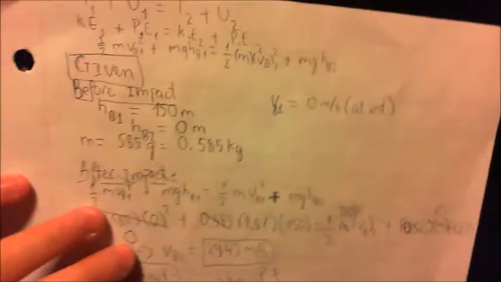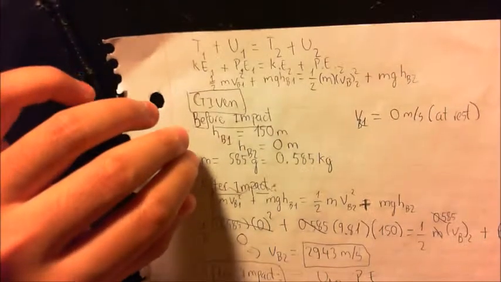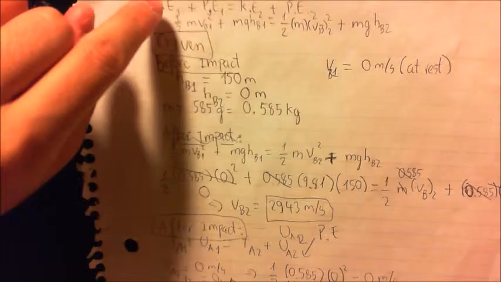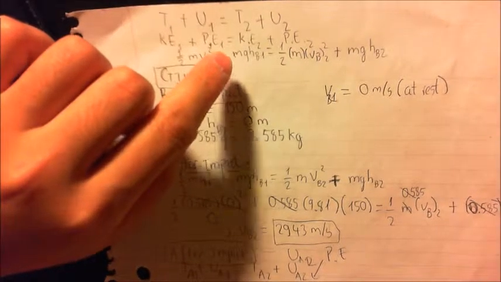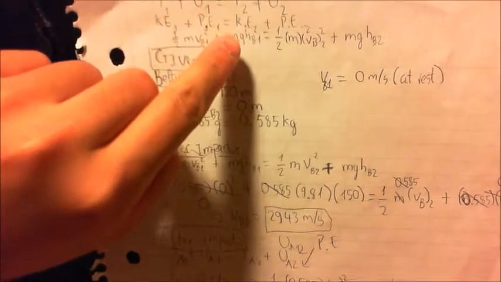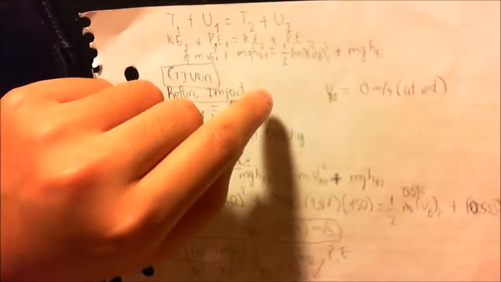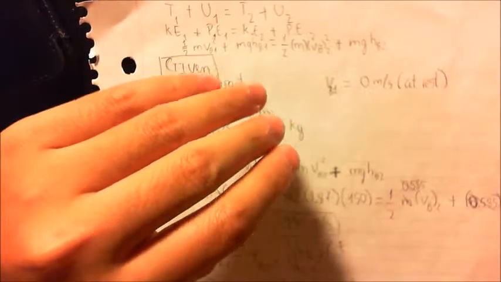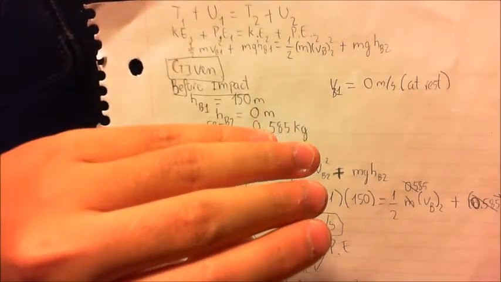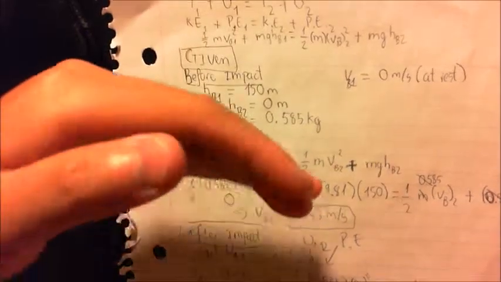First of all, we need the equations. It's called the principle of conservation of impulse and energy: kinetic energy plus potential energy before the collision equals kinetic energy plus potential energy after the collision. So basically the sum of energy before equals the sum of energy after, as well as the impulse.